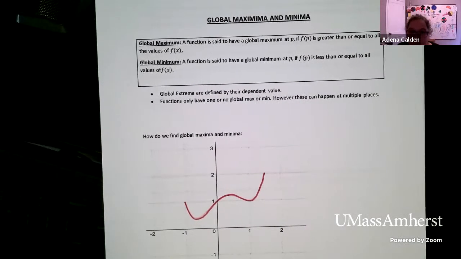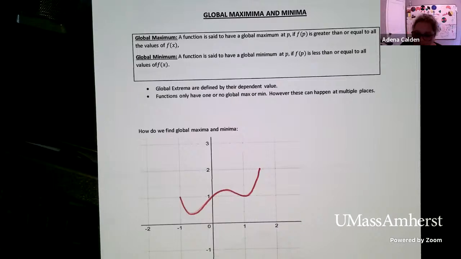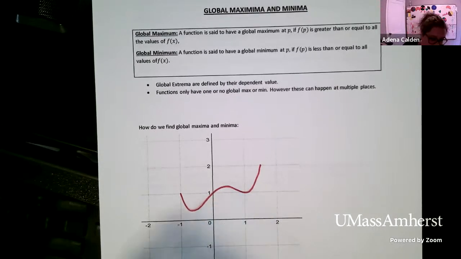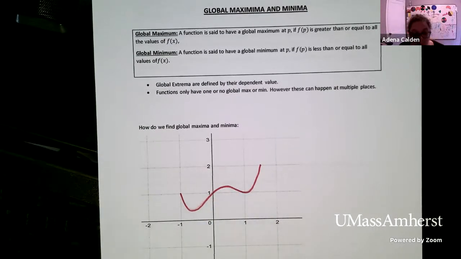Before we talk about the definition, I want us to look at this picture and remember what we've learned about local maximums and minimums, so we can see the difference between a local and a global.